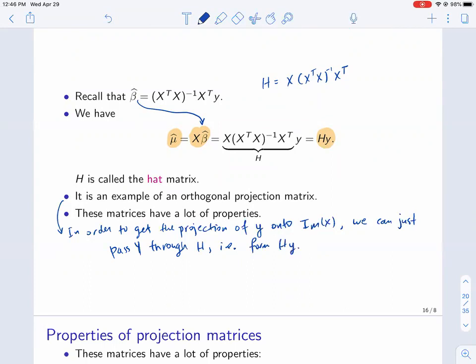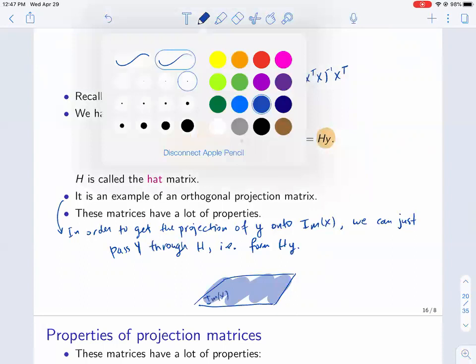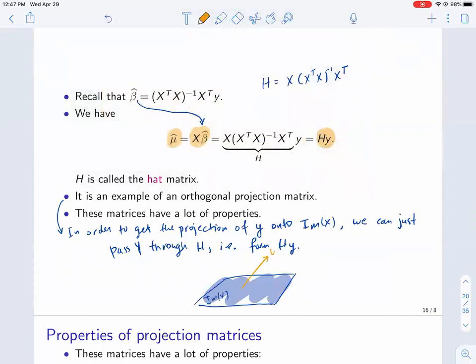So the idea is that I have this space, my linear space, that's the image of X. And I have my Y, and I want to find the projection onto this image. So I form HY. That would be my projection. That would be mu hat. Okay, that's how this thing works.